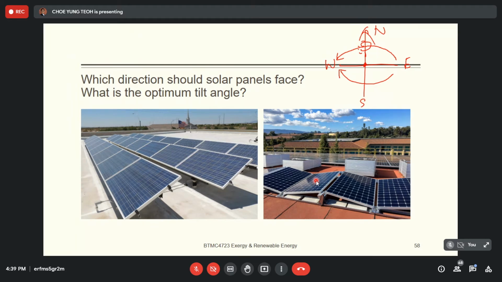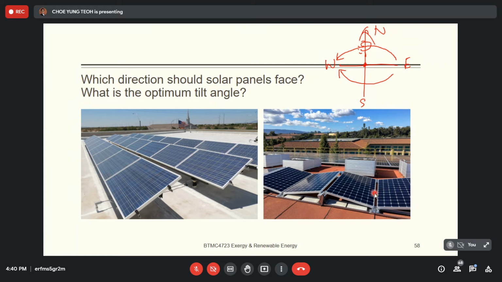But let's say your location is maybe 45 degrees to the north, the latitude is 45 degrees. Then whichever panel you face to the south, you get almost zero energy, so it will become a waste of money.